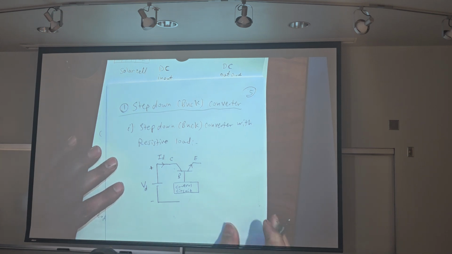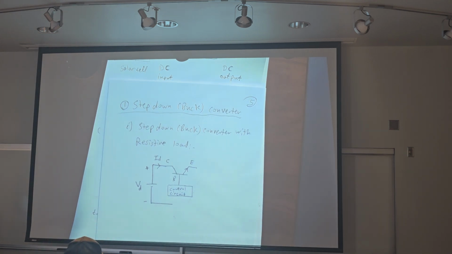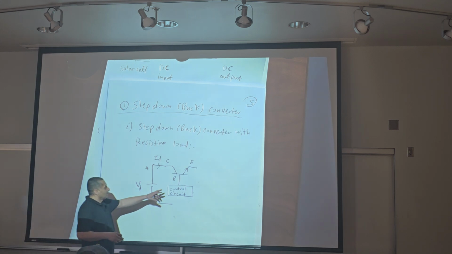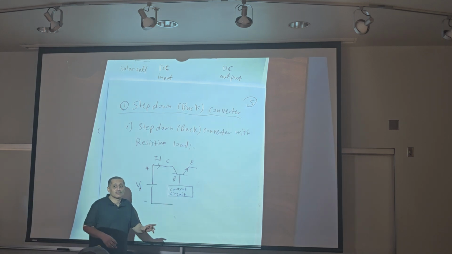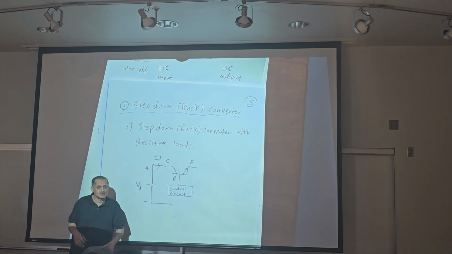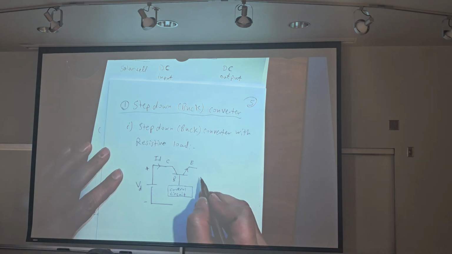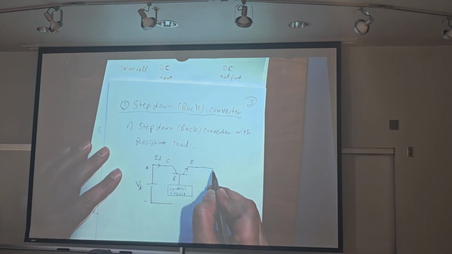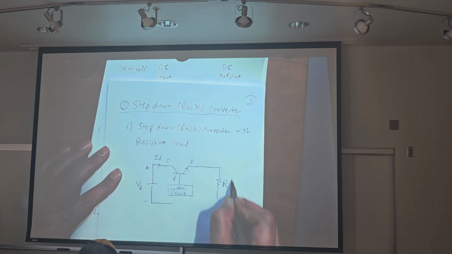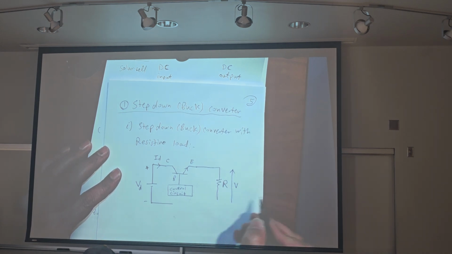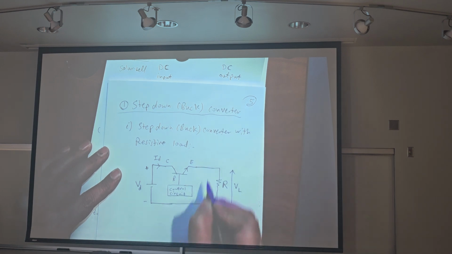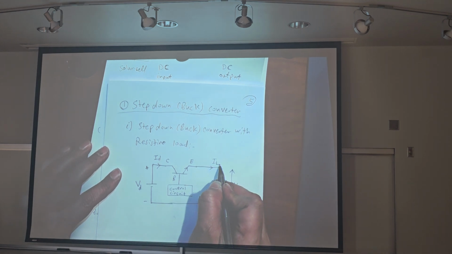Why the control circuit here? To control the on and off of the transistor. This is a BJT transistor. And here R load. This is V load, VL, and this is IL.